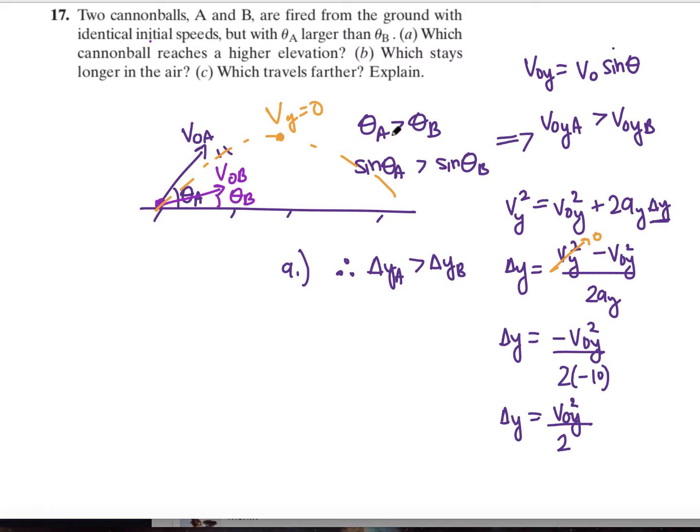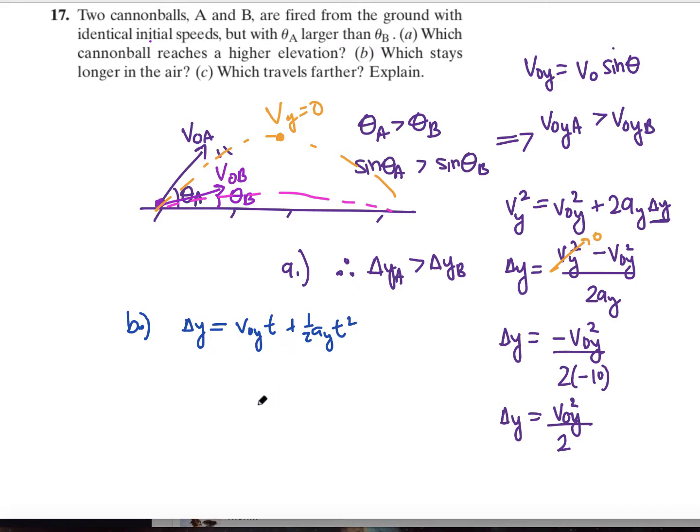Now, which one stays in the air longer? Well, it kind of depends a little bit on what we just did. So we know that from the y direction we're going to be in the air until we land again. So if I have these two different paths, you can just think about it and see that delta y is equal to V naught y t plus 1/2 ay t squared.